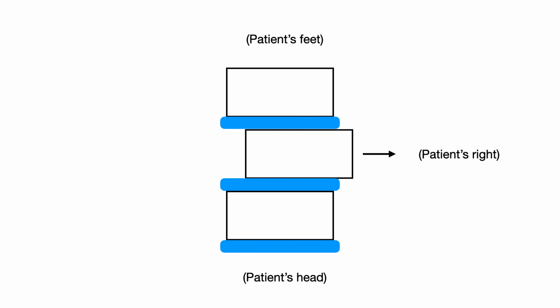The reason that the concept of translation is so important to understand is because when you have translation one way, it creates side bending in the opposite way, as you can see shown in this red arc. So as you translate a vertebra more to the right, if it prefers to translate right, that segment is side bent left because it prefers side bending to the left, and you can see that evident from the red arc.